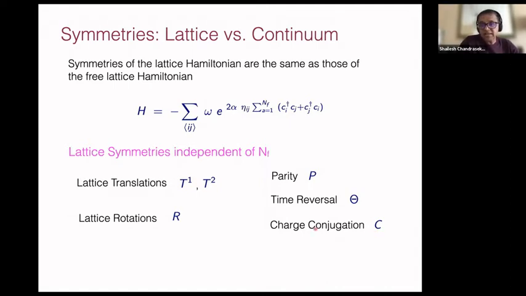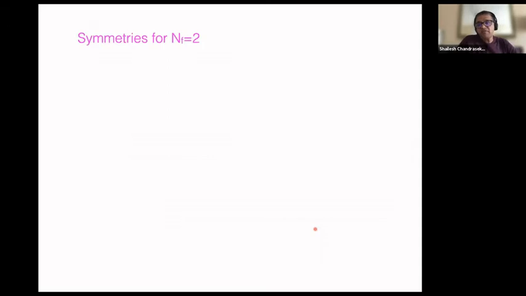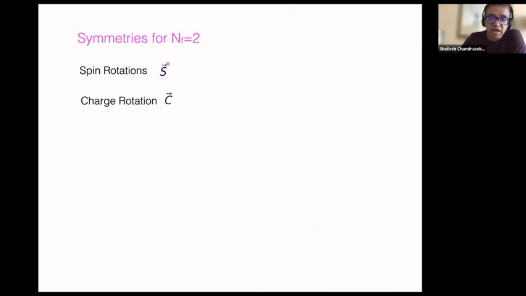So these are, I would say, the discrete lattice symmetries that are independent of NF. But then with NF, of course, there are continuous symmetries that emerge. So I'm going to focus on NF equals 2. There are two layers of fermions, or in condensed matter language, just the spin. So there is spin rotation.